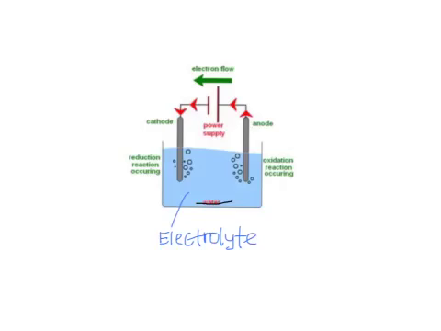Therefore, the cathode electrode will have reduction taking place here. Since reduction takes place in the cathode, obviously then oxidation takes place at the anode.